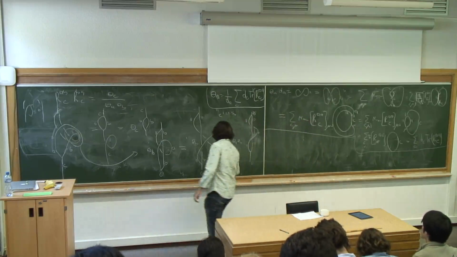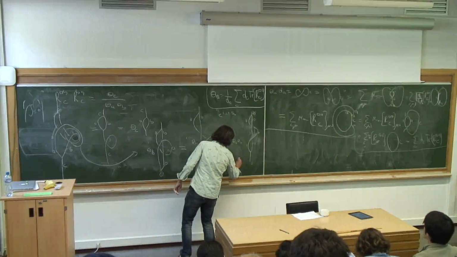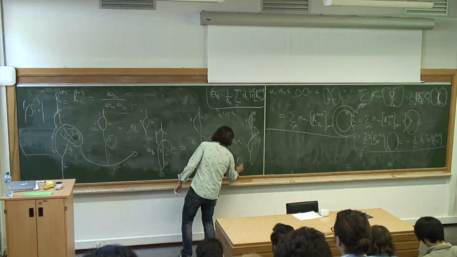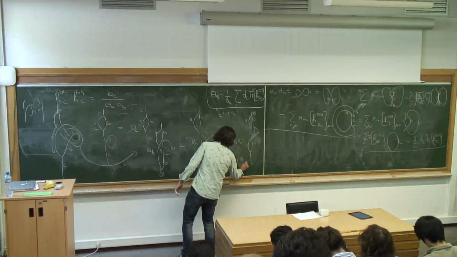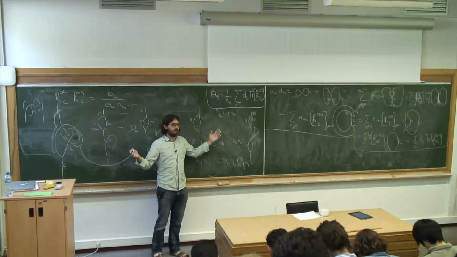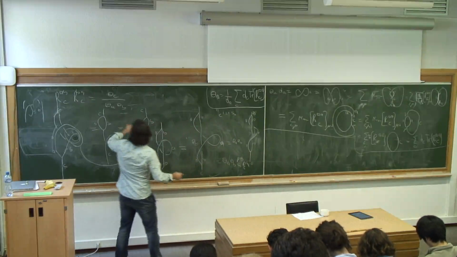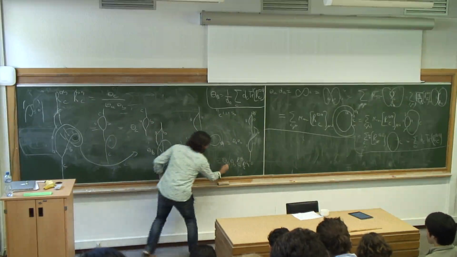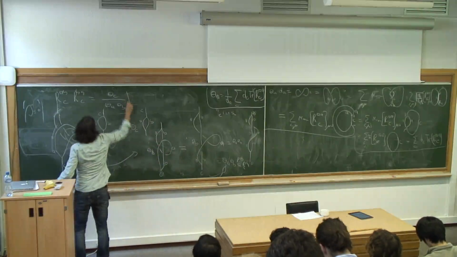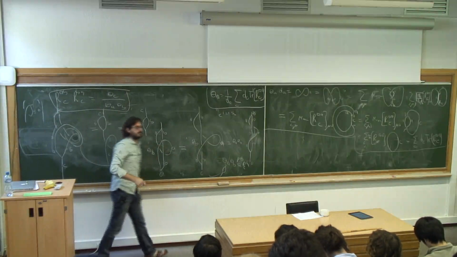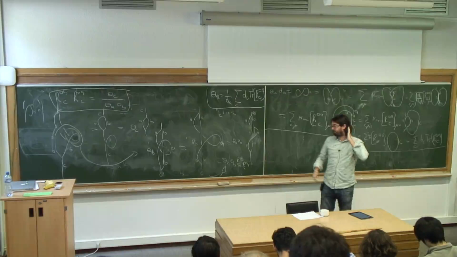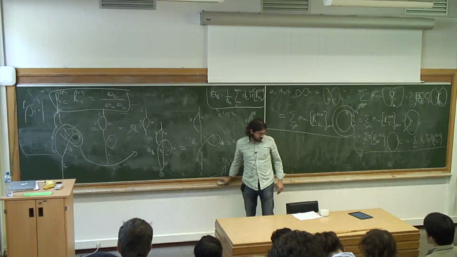So I have that this is equal to theta A, theta B, RAB, C, or RCAB, RCBA. So that's equal to this bubble. So this is equal to this, and I've obtained this identity. Is that clear? Okay, so that's an important identity.